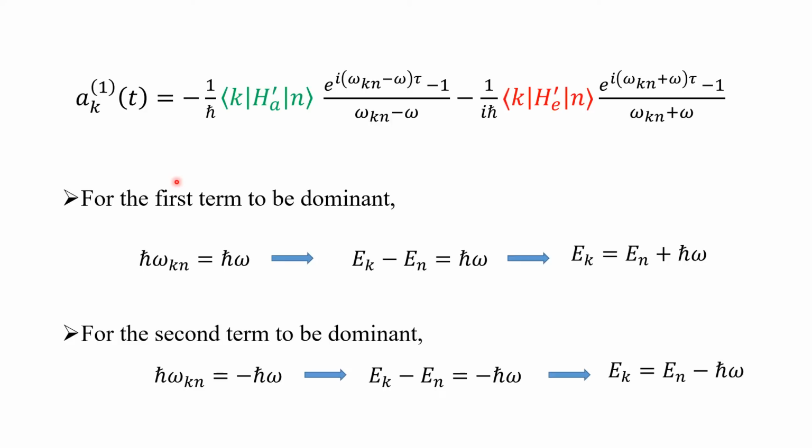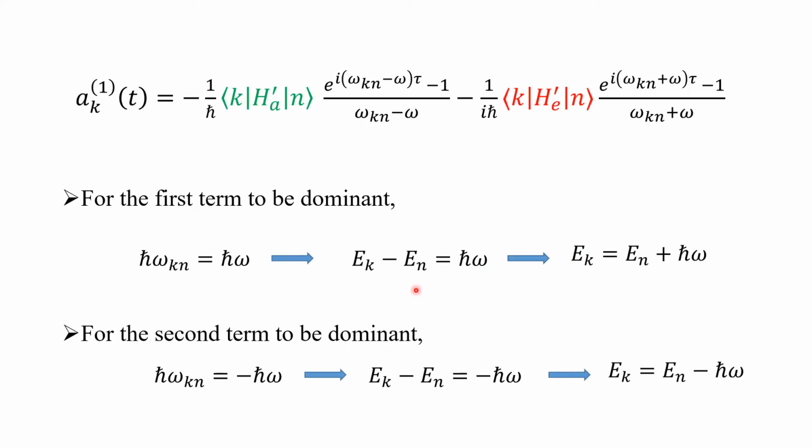Now let us consider the first term to be dominant. That is, H cross omega kn is equal to H cross omega. Which is equal to nothing but the difference between the final energy and the initial energy, Ek minus En, which is equal to H cross omega.